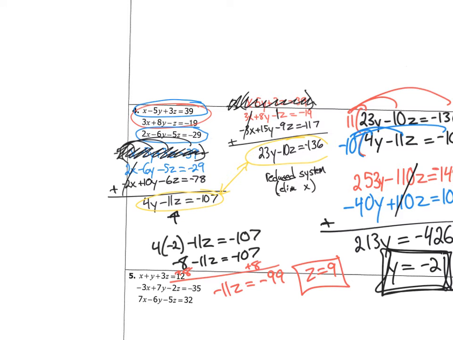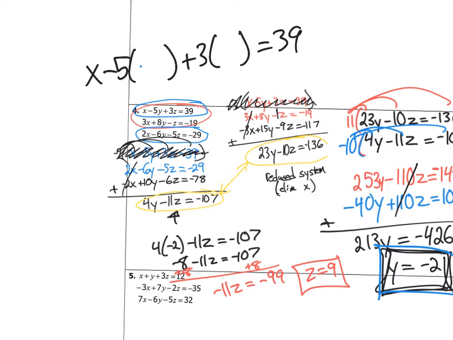Okay. And now I will put both of those into one of my original equations. So I'll just pick the first one. Doesn't really matter. x minus 5y plus 3z equals 39. My y was negative 2, and my z was positive 9.